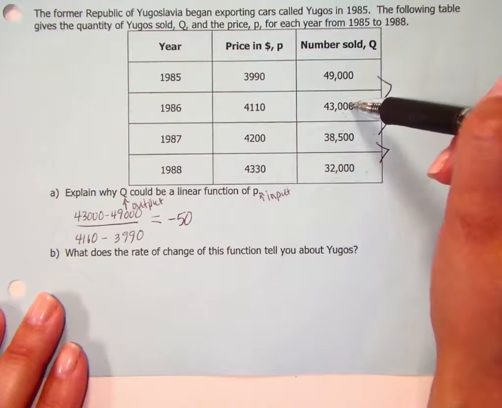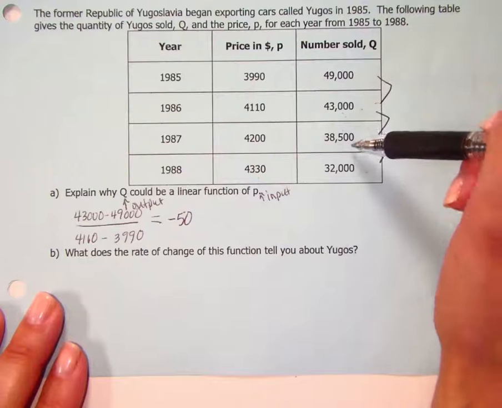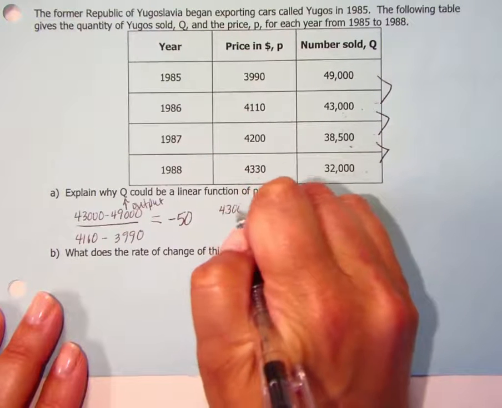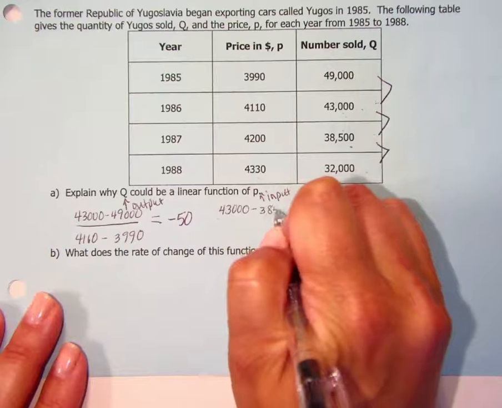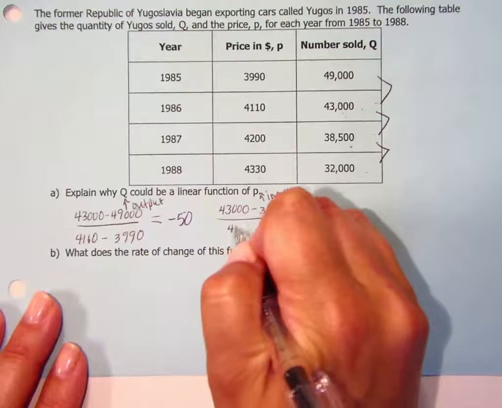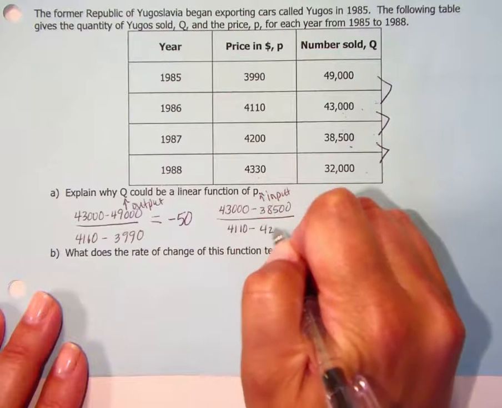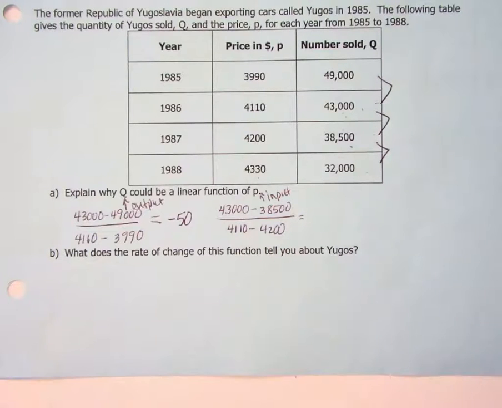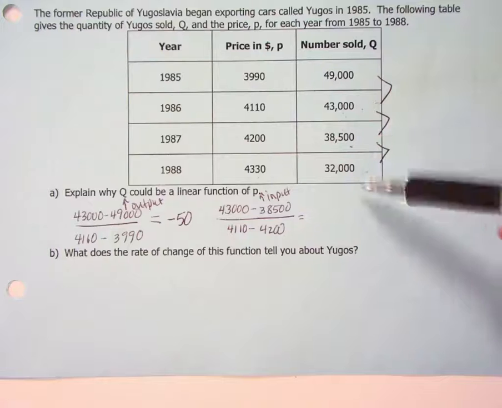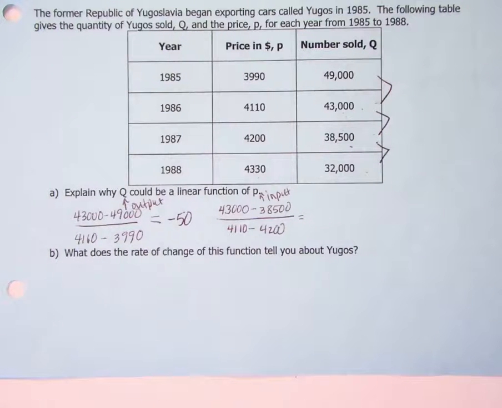So now I'm looking at the 43,000, 38,500 as my output. Finish calculating that, and then I also want you to calculate the rate of change for the last pair of points. Take a couple of minutes to do that.